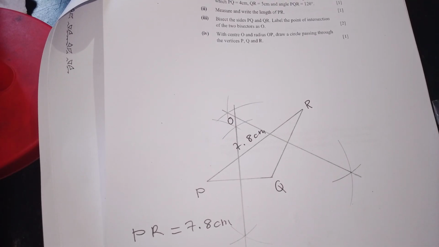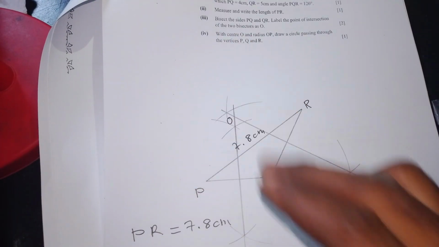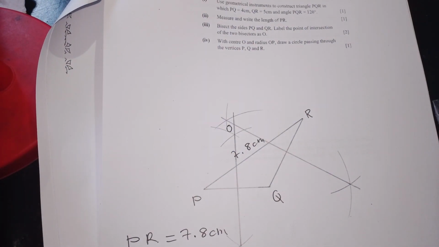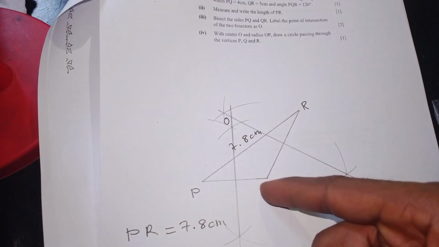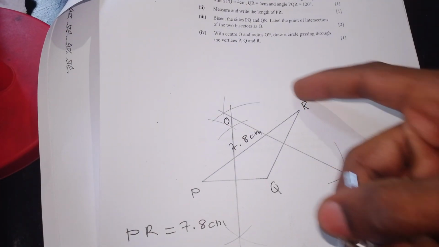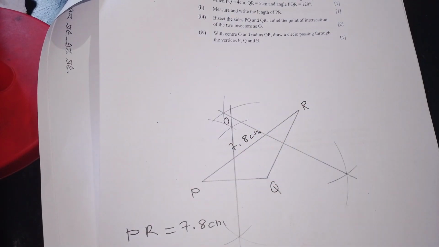So now that we have bisected this and labeled the point O, the next part is with center O and radius OP, draw a circle passing through the vertices P, Q, and R. So these are the vertices. So if the circle should touch P, Q, and R, then it should be outside, because there is no way a circle can be inside and touch the vertices.